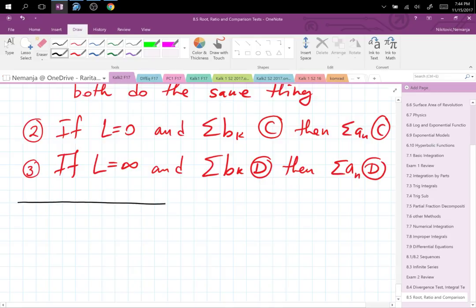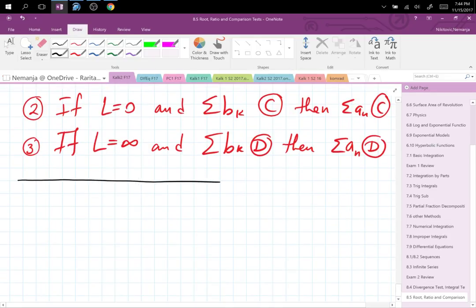Let's take a look at the simplest possible example we can. Summation 1 over k squared minus 3, from 1 to infinity. You know what I'm going to do first? Direct comparison. Don't we see that this is 1 over k squared? Right? We see that right off the bat. And what do we know about 1 over k squared in a series?